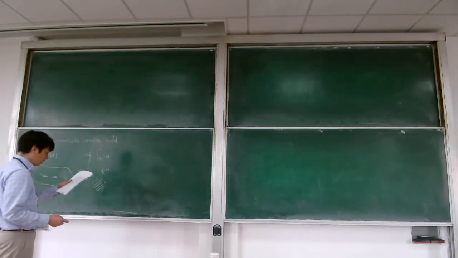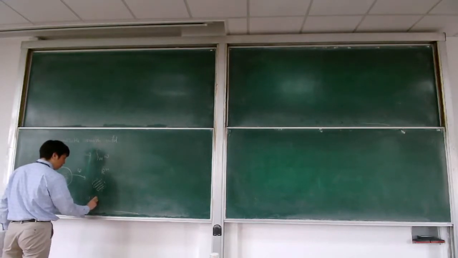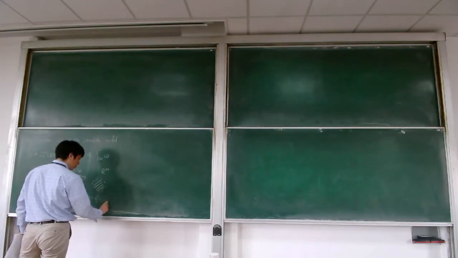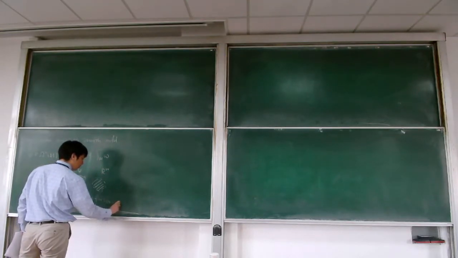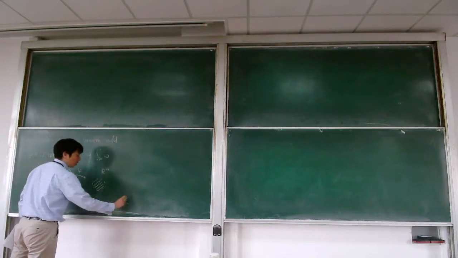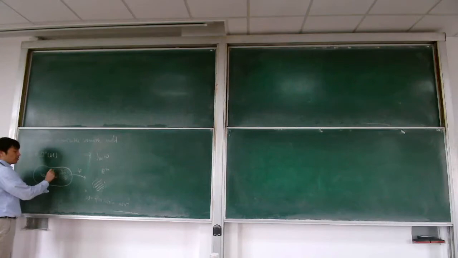So locally omega can be written as some function times dx1 through dxn. That's what we need. So locally we can just integrate this form. And now we want to patch everything together.